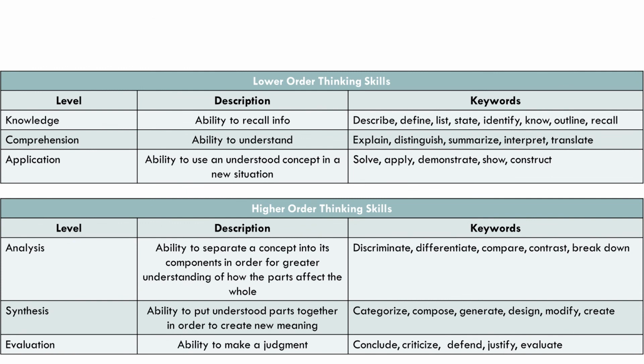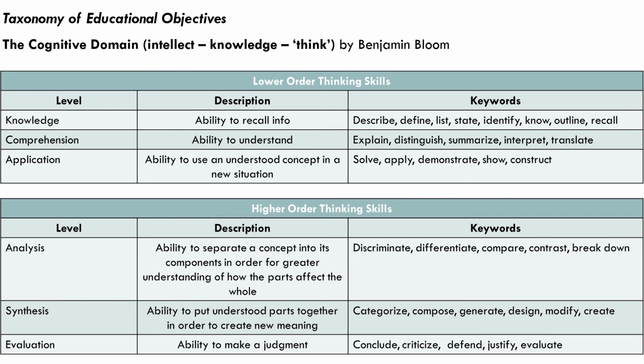You are very familiar with the terms LOTS and HOTS. The LOTS are the lower order thinking skills, and the HOTS are the higher order thinking skills, according to the Taxonomy of Educational Objectives, the cognitive domain, by Benjamin Bloom.